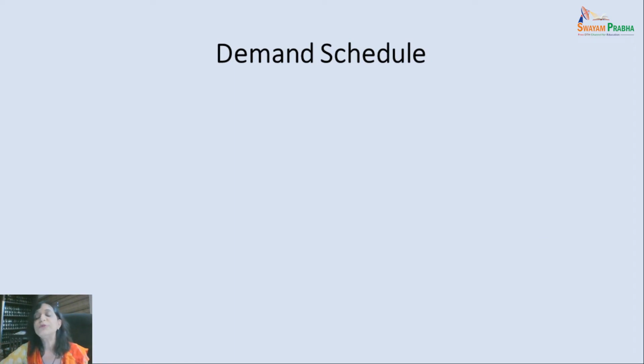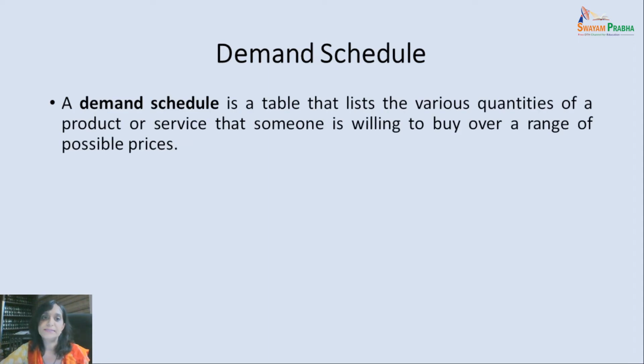Now let us move to another important concept related to demand, the demand schedule. We have just seen that the most important factor which has an impact on the demand of any product is its price. So a demand schedule is a table that lists the various quantities of a product or service a consumer is willing to buy given a range of prices.